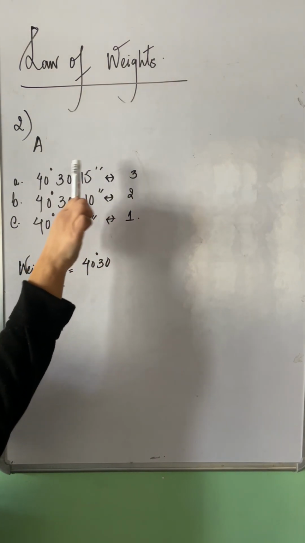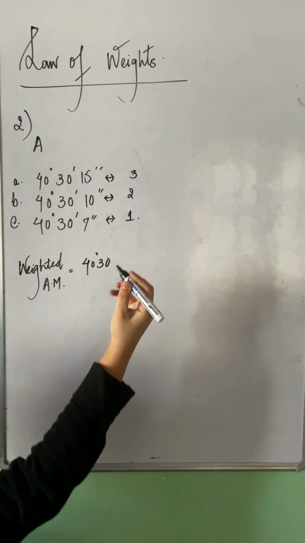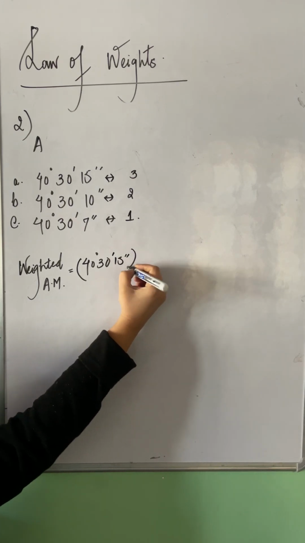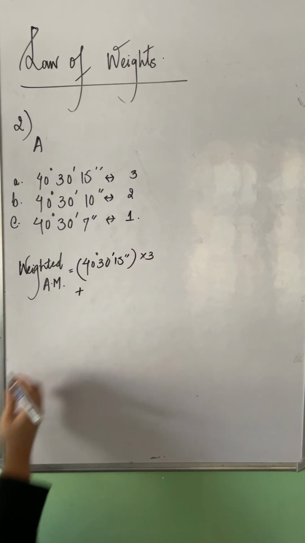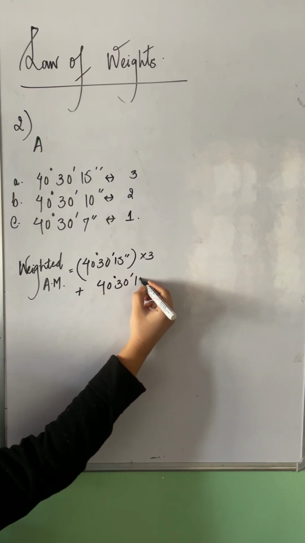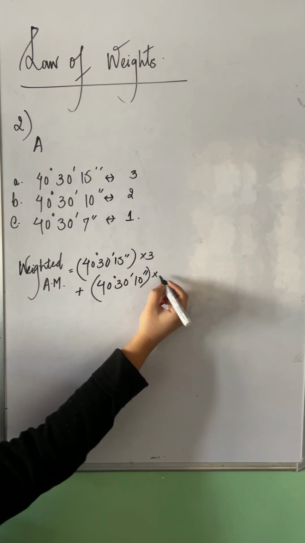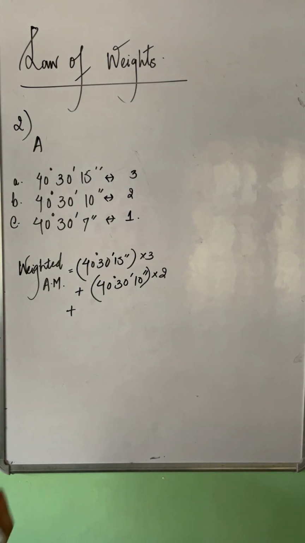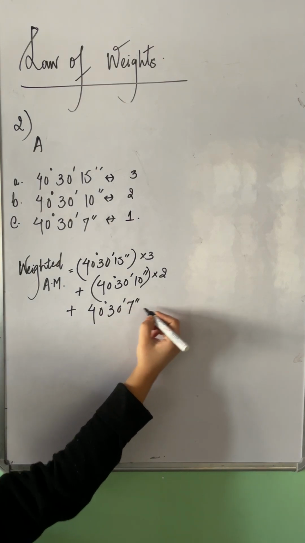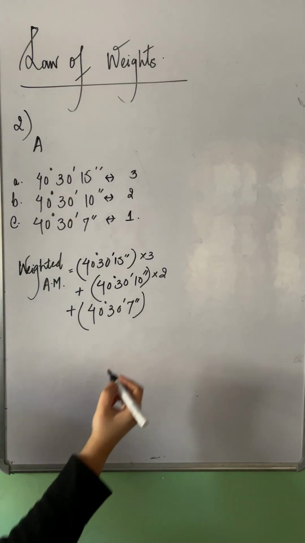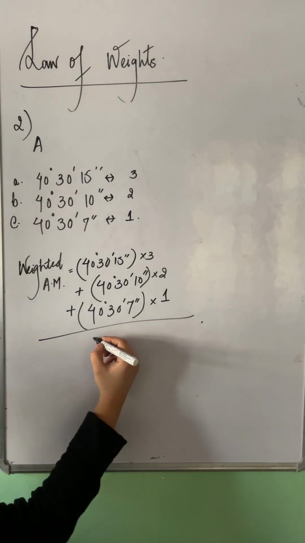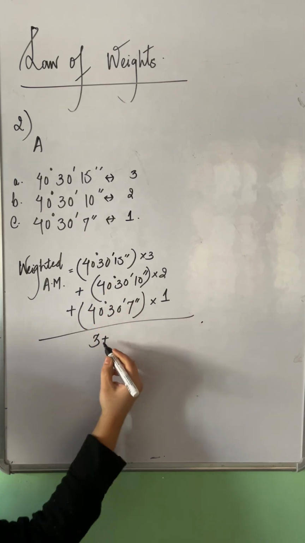First one, we have to multiply with its respective weight, plus the second one, plus the third, which we multiply by unity, divided by 3 plus 2 plus 1.